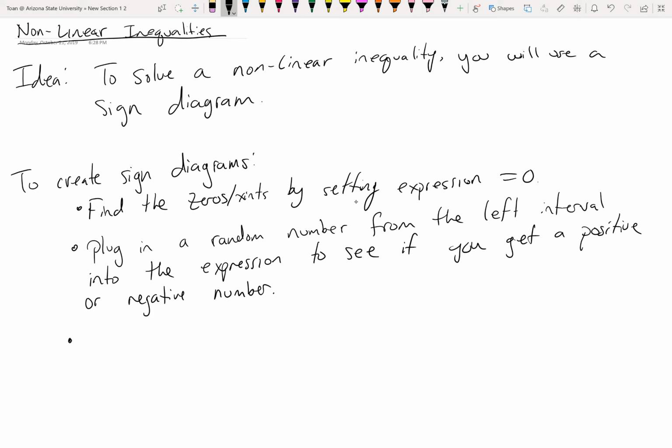Once you plug in a number from the left region to see if you get a positive or negative number, you're going to fill in the rest of the sign diagram using multiplicities.